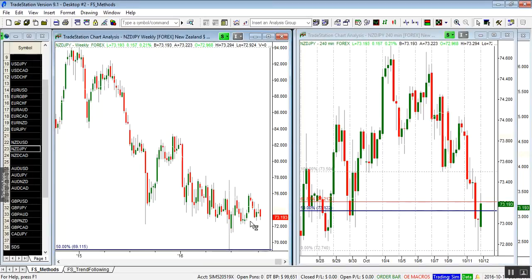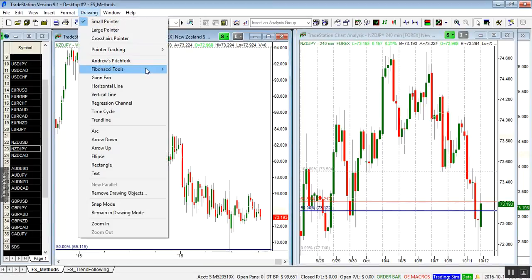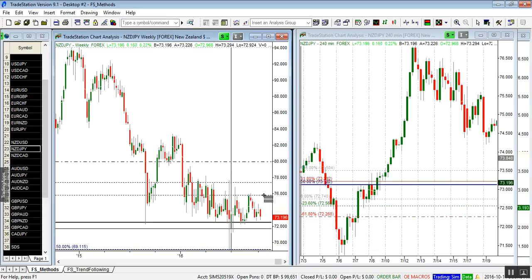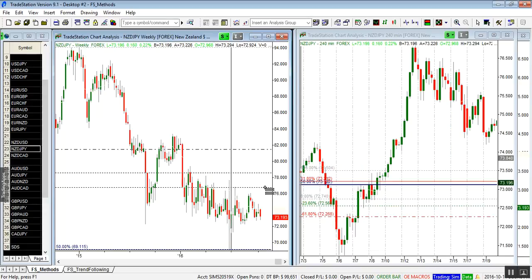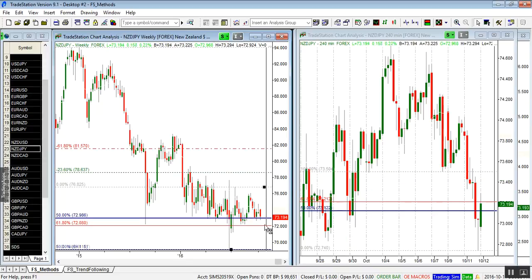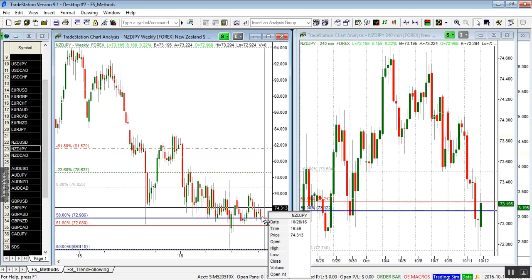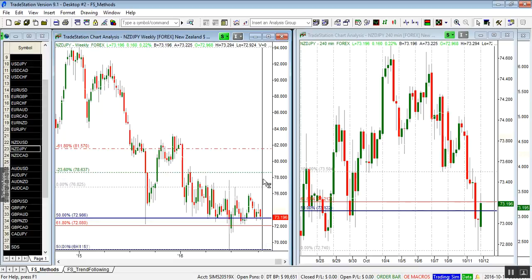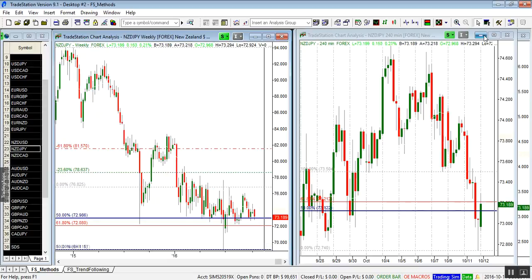If that's the case, the targets that we saw on the weekly, which were identified by this measured move here, are still in play here. 78.63 would be the target of this measured move starting here.